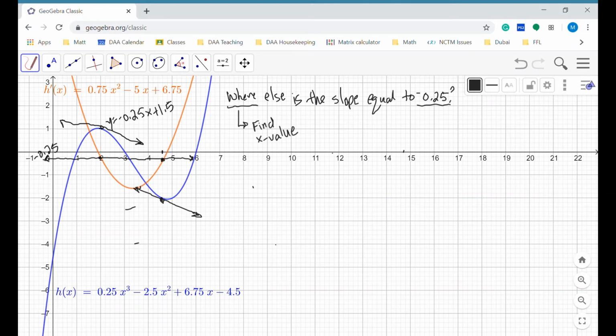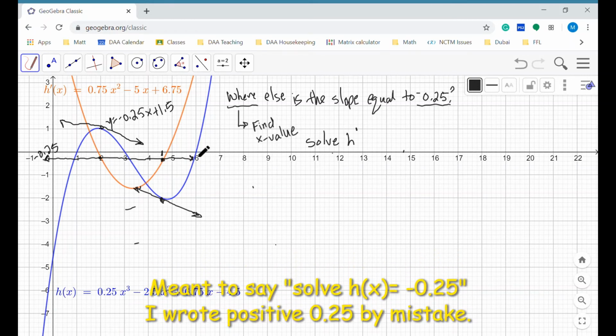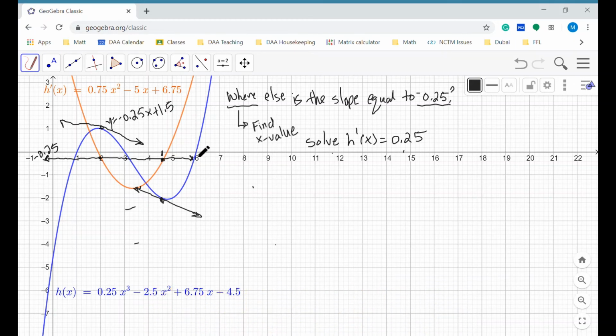Whatever this x value is, that's the location that we're looking for. So all we have to do is solve h prime of x equals negative 0.25. I'm going to do that with our TI-Nspire. I'll show you how to do all of this, but basically all we need to do is find the intersection.